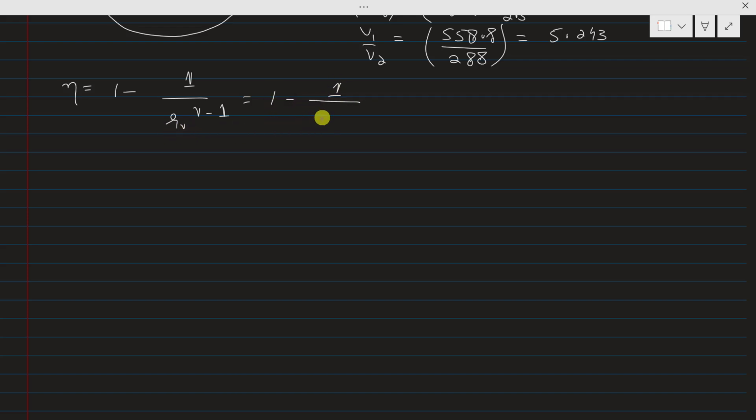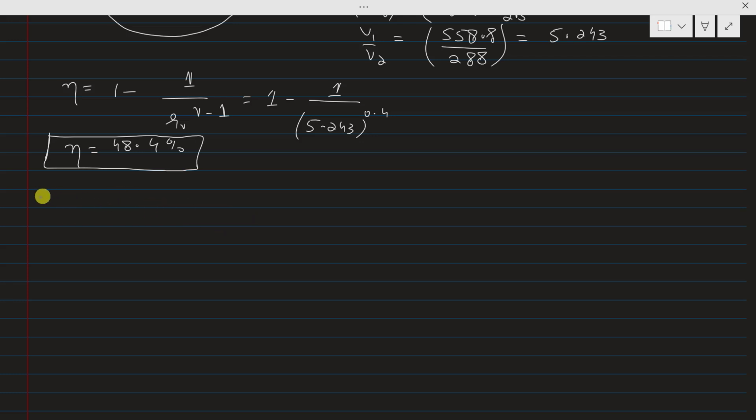The RV value is 5.243, gamma is 1.4, and if you subtract 1, it becomes 0.4. So after solving it on calculator, you will get an efficiency of 48.4%. So this is the second part of this problem, that is our requirement.